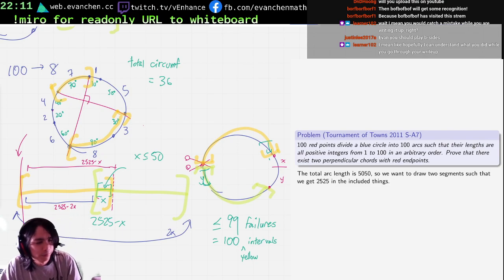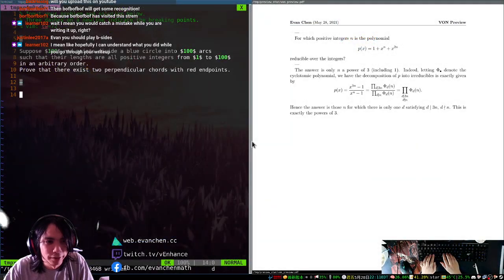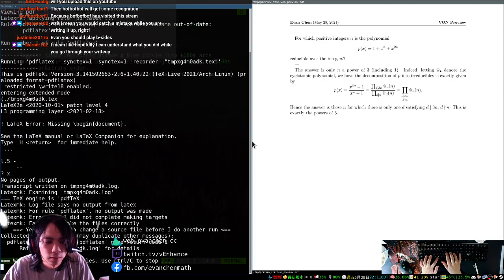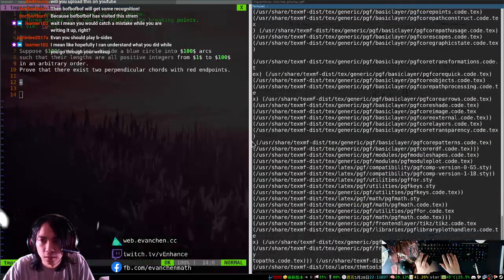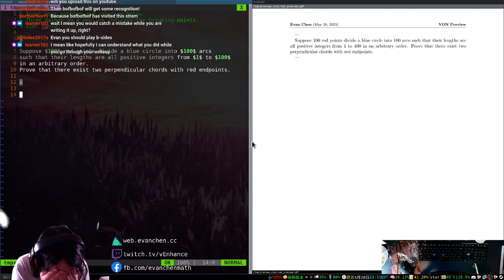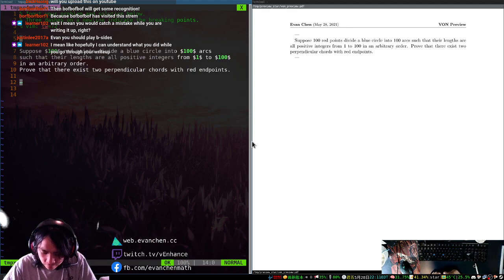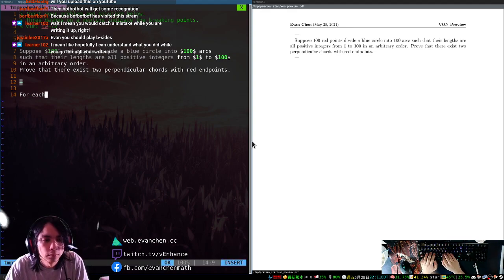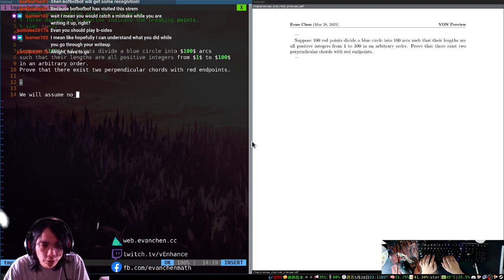Okay, let's do the write-up. This write-up needs figures to be comprehensible. Oh, it's hard to draw some figures. Okay. We will assume no two red points are diametrically opposite.